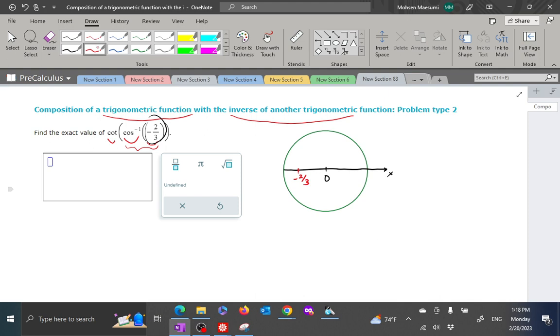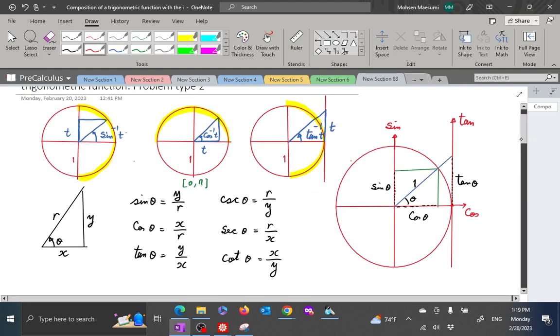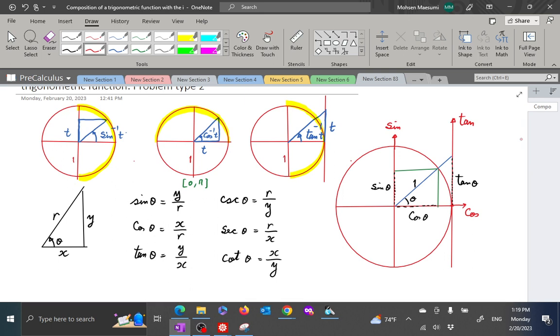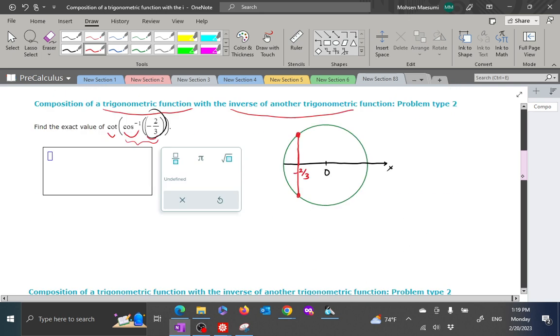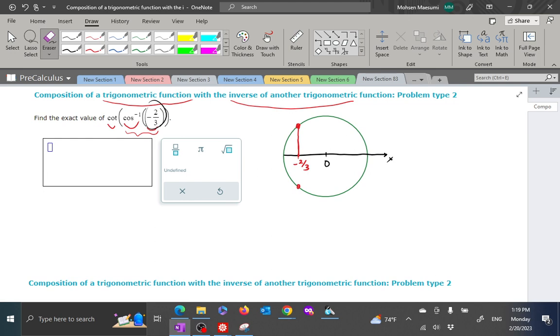And then the angle is such that when we project it, we come down here. You could have started from this location and come down, and you could have started from this location and come down. But with respect to cosine, we are looking at this range of angles between 0 and pi. So we are not going down here, so this section of the picture is out. We just have the upper half.